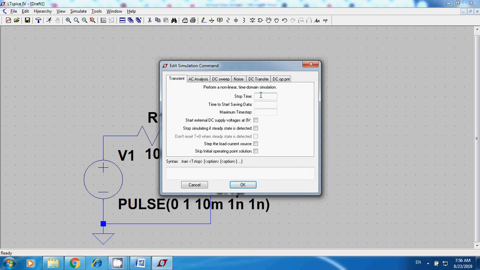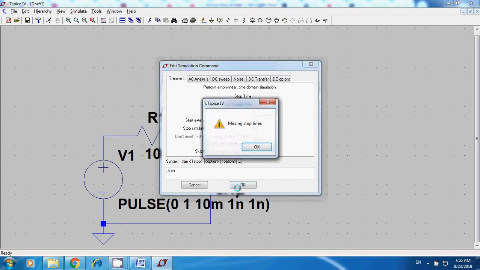You can keep the plots going on and on, but let's see what's going to happen if you don't put any number in here. We're going to work on the transient stop time. Okay, you can try this one by yourself.